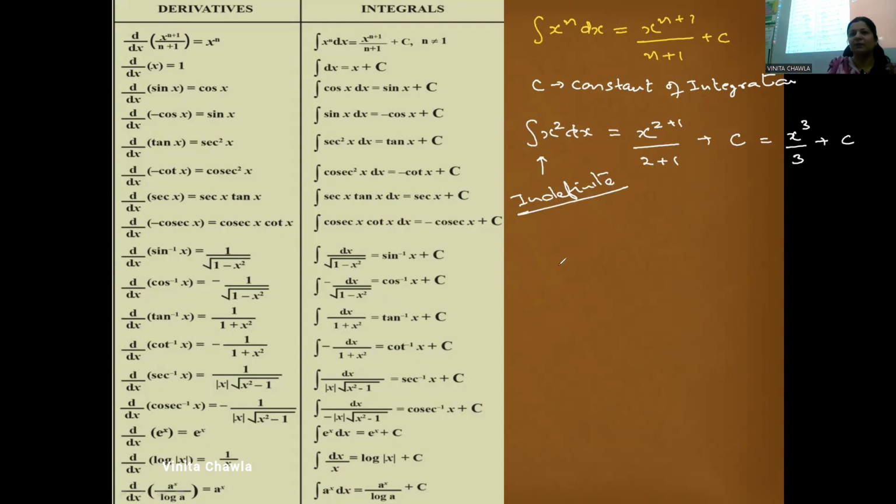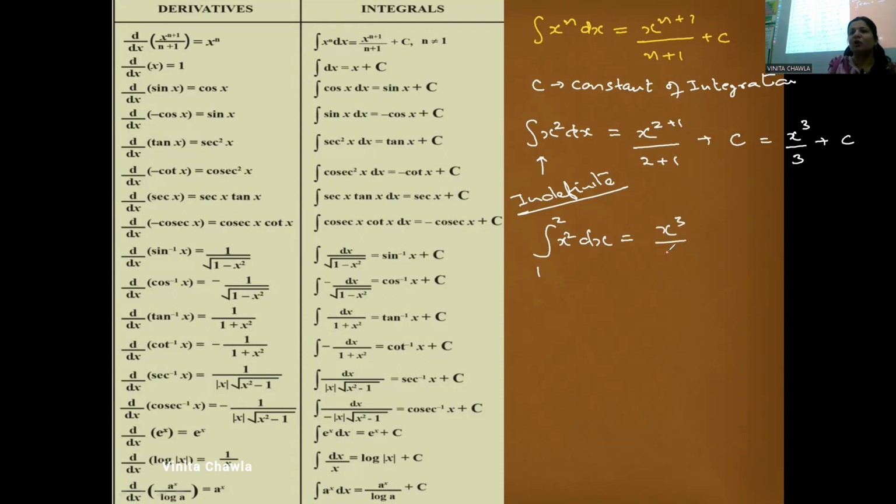Okay. Suppose now I have limits. We can also put limits on the integration symbol. You can see, if I have 1 to 2, this 1 is called the lower limit and this 2 is the upper limit. Now I'm integrating the same x square. No doubt we will get the same answer, x cube by 3 plus c.